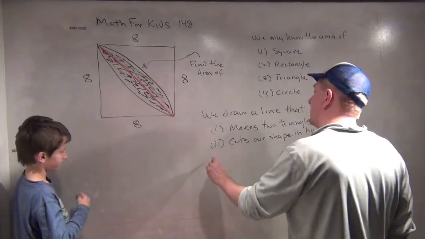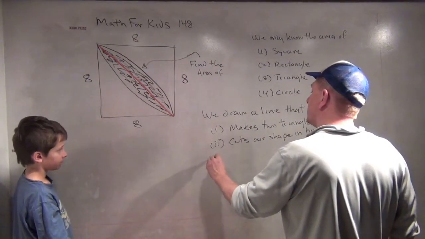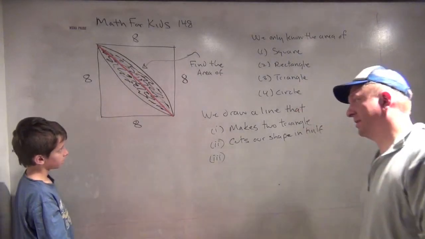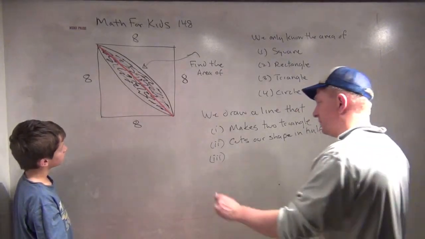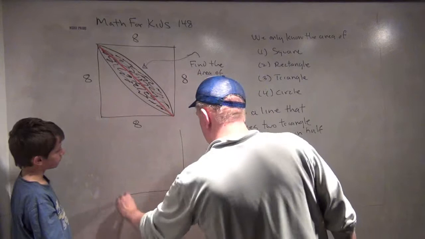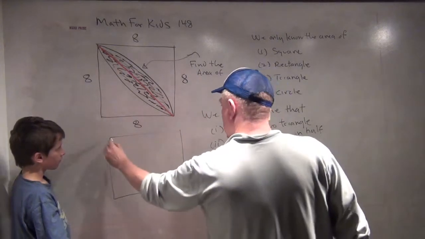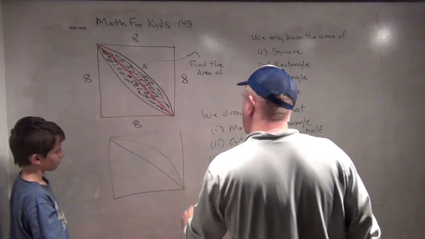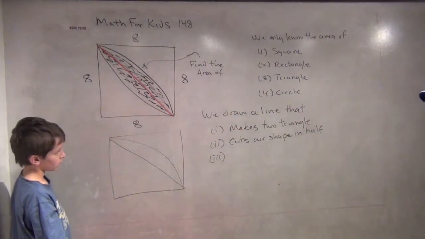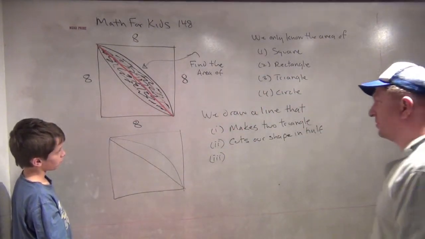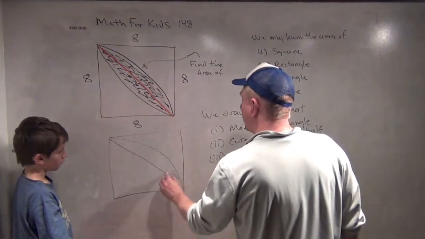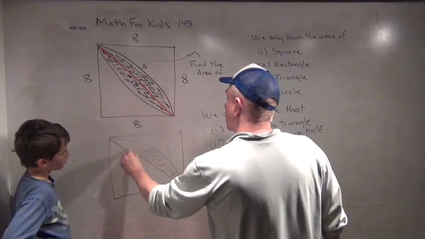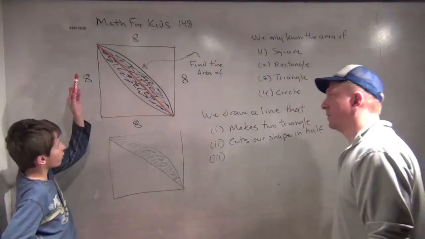And the last thing that this line does that is really nice is what? What does that do that's really helpful to us in terms of finding half of the area here? Because it's a quarter circle.